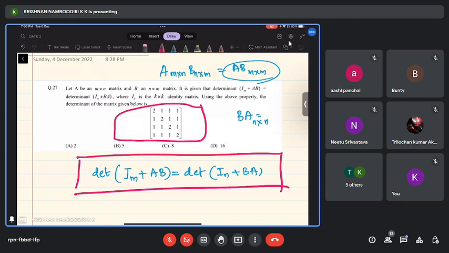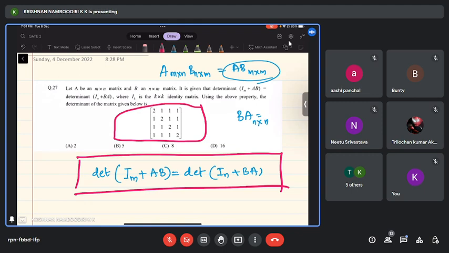So is the question clear to everyone? In fact, we can find the determinant of the matrix in the usual way. If you compute that, you will get the answer. But they asked to find the determinant of the matrix using the above property.